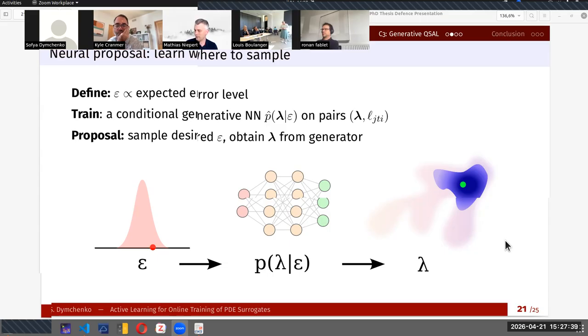If you initially start in a bad area of your space, it's much more difficult to explore other parts of the space if you're just relying on the points where you have the loss function at your disposal. So how sensitive is your method to these initial points that you sample, for which you have the loss and from where you start your exploration, because you don't have access to other points?